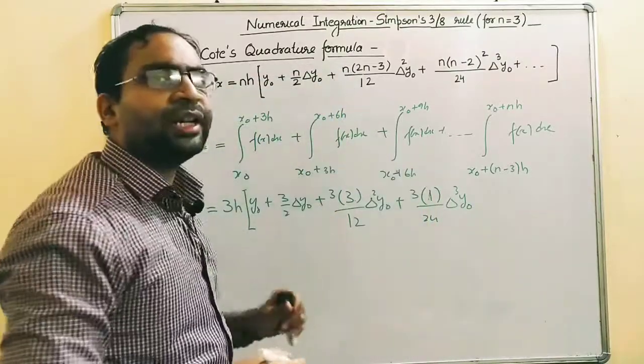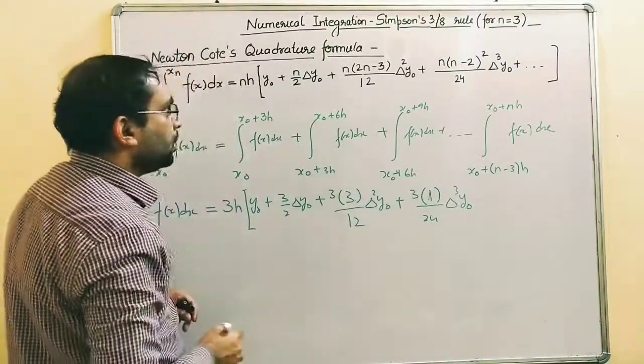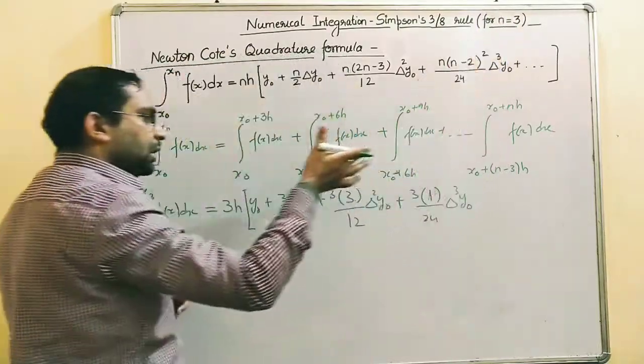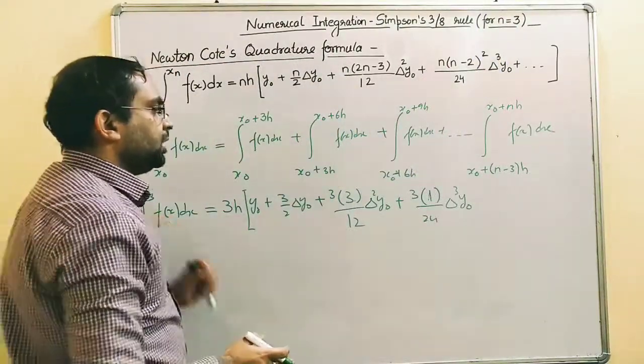We will ignore the higher degree terms because this is the formula for n is equal to 3, so we will consider terms only till the order 3.